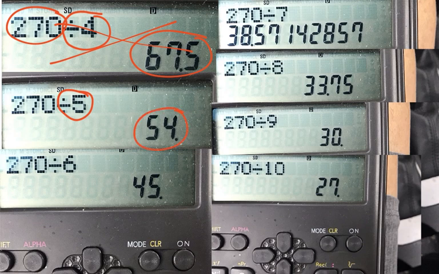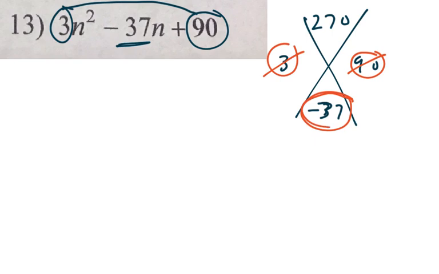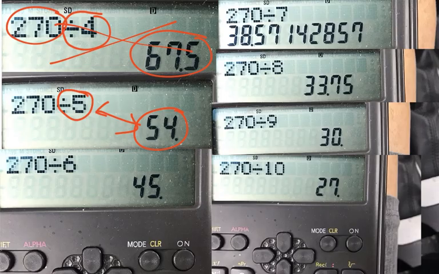Now I get 54, but can 54 and 5, remember we're trying to make this 37 here, do it? It doesn't work, right? So I keep going on. I try to divide by 6. It works, it's 45, but does 45 and 6 make 37? No. So see how I just keep dividing, guys, until I find the right combination.